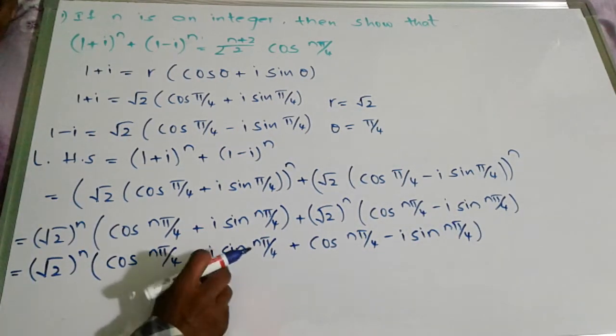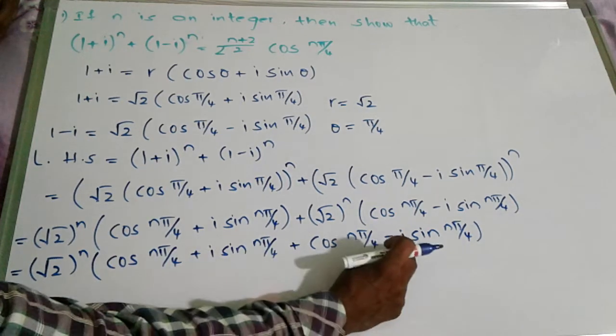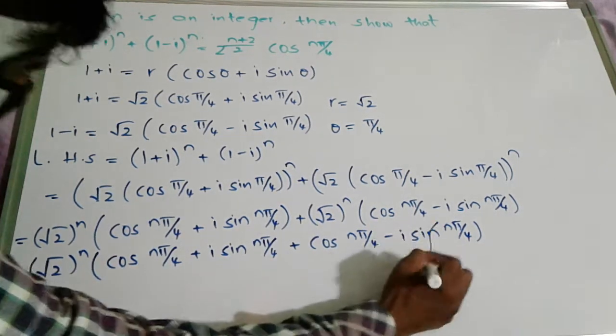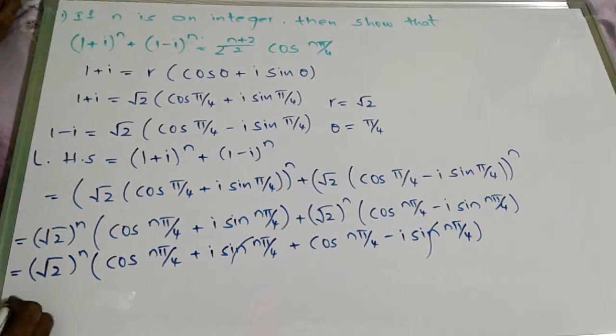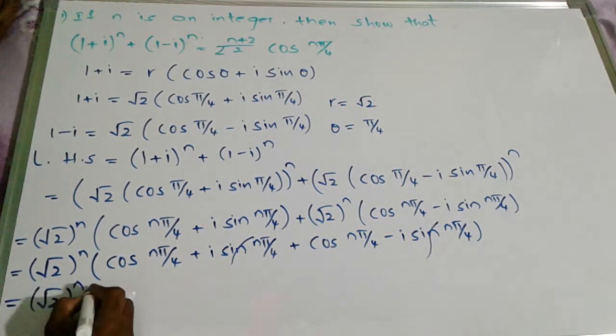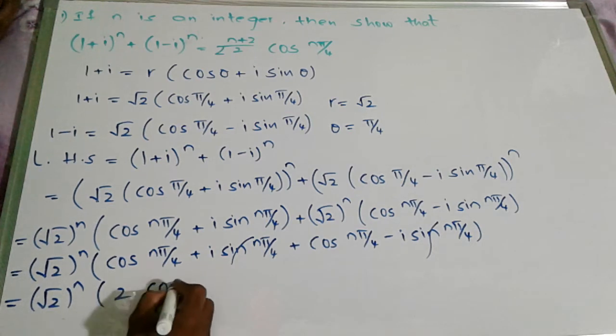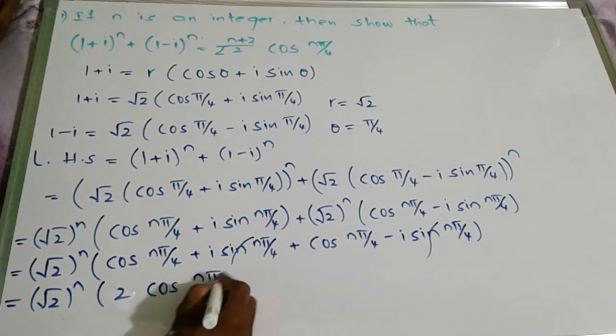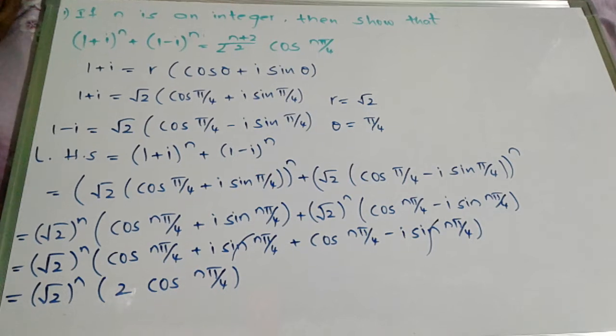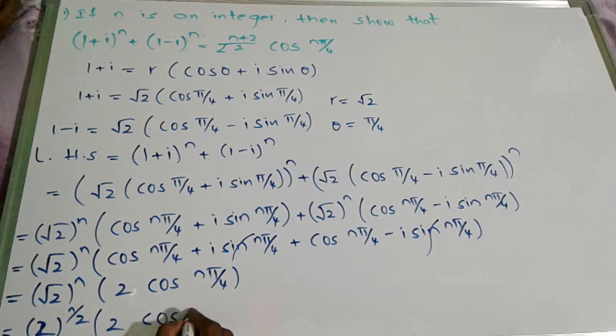Here plus i sin n pi by 4 and minus i sin n pi by 4 get cancelled. So finally we get root 2 whole power n times 2 cos n pi by 4. So root 2 can be written as 2 whole power 1 by 2, so 2 whole power n by 2 times 2 cos n pi by 4.